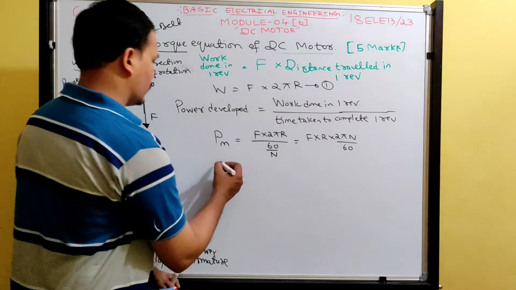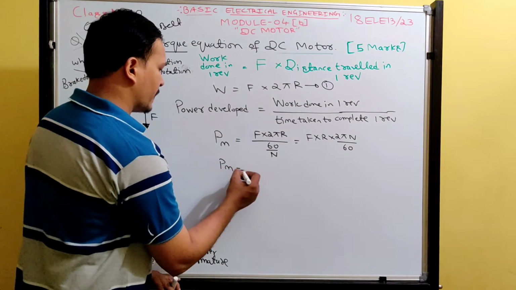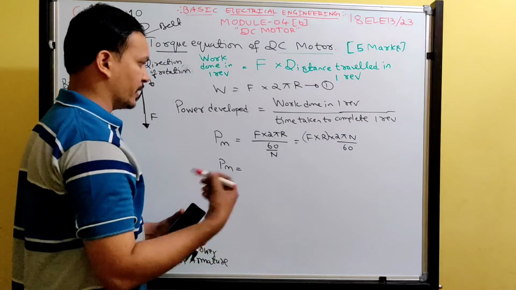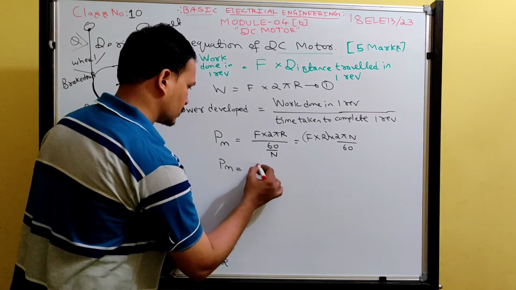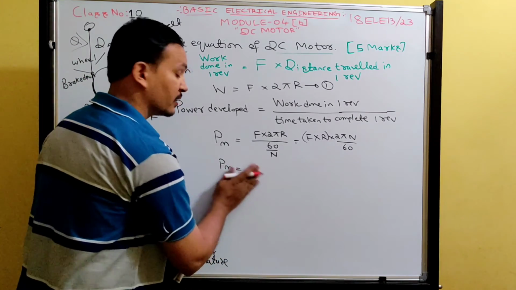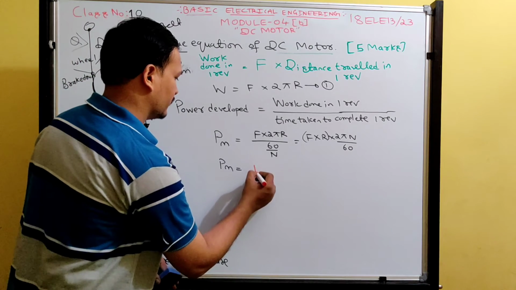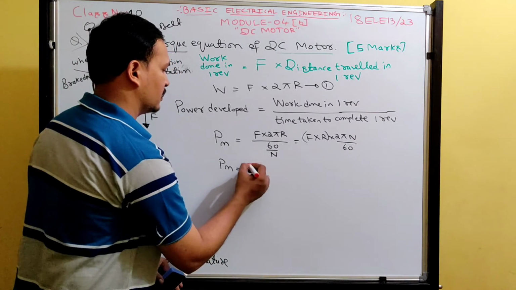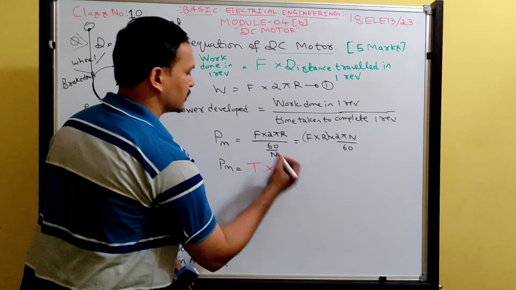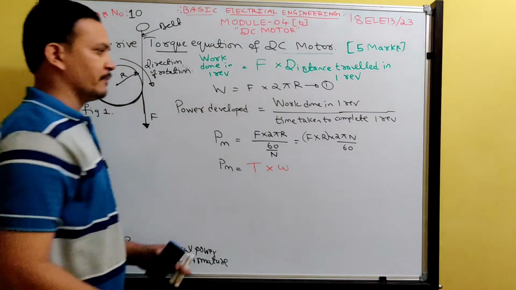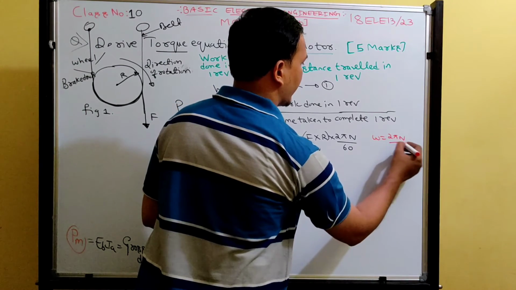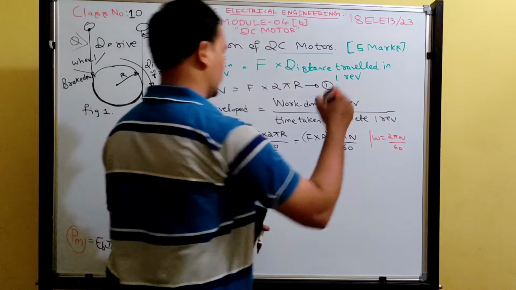Now the gross mechanical power developed. The product of F into R is called torque, and this 2 pi n by 60 is nothing but the angular speed omega, where omega is equal to 2 pi n by 60.